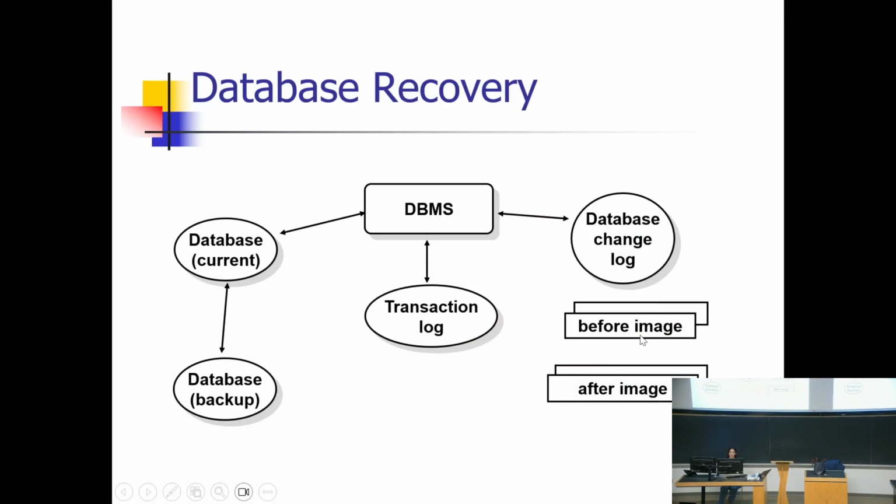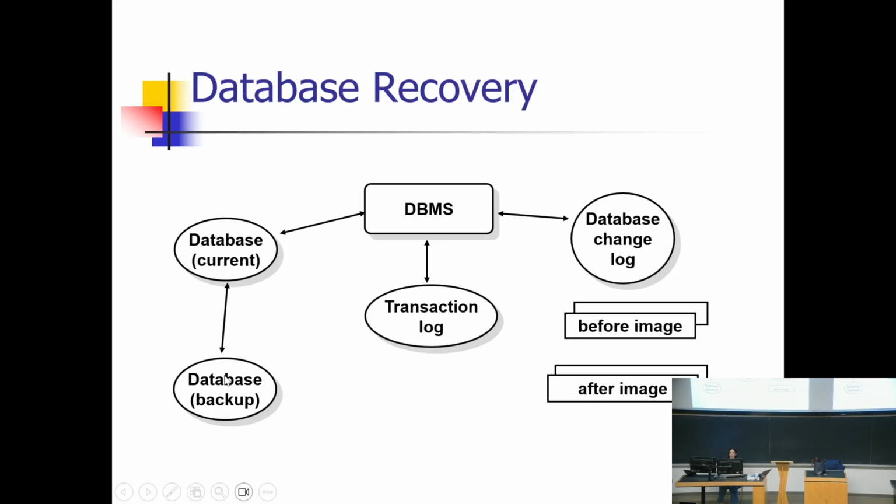Why? Because we want to recover the system and bring it back to either of these states, depending on the situation. Your database also maintains a backup, so you also have a backup of the full database.